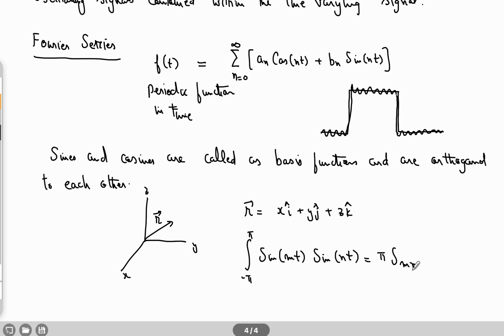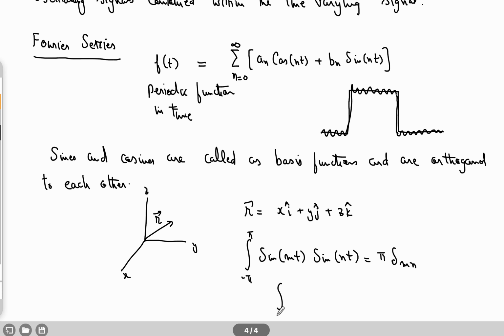So if m is equal to n, the delta will be 1 and the whole integral will be equal to pi. If m is not equal to n, that is, two different frequencies are used, then delta will be 0 and the whole thing will be 0. So any two different frequencies of sines will be orthogonal to each other. Similarly, you can write it for cosine as well.